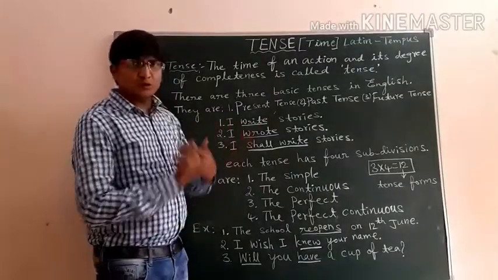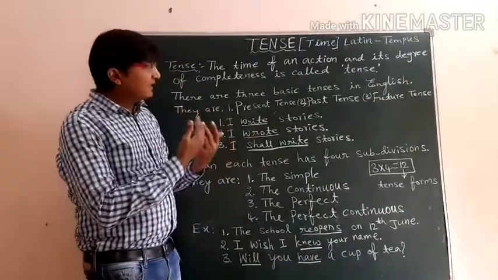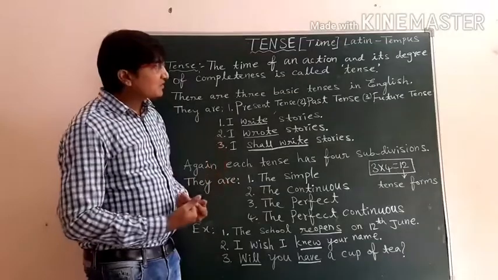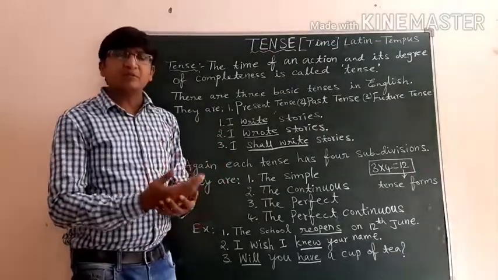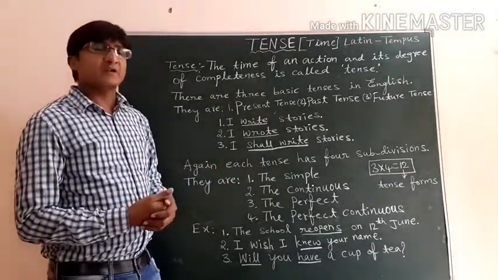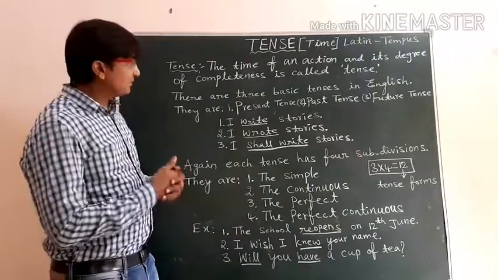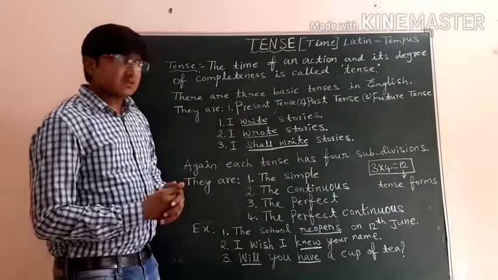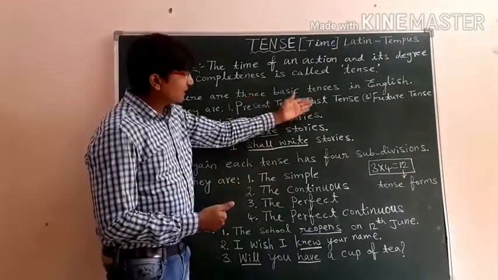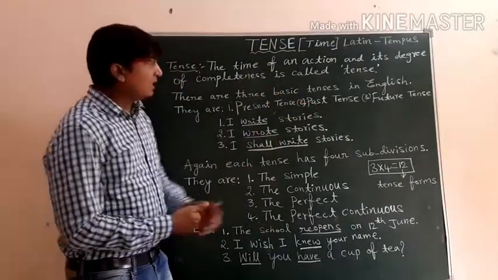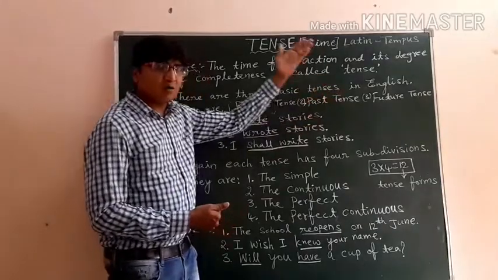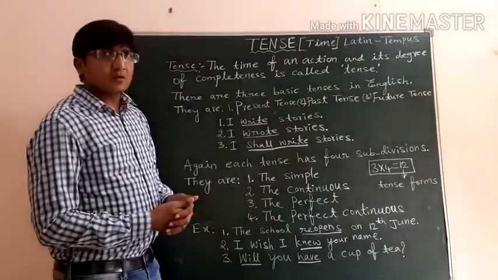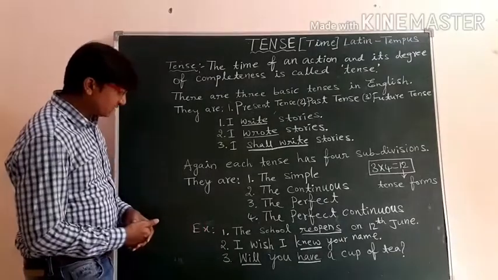Or if we take future tense, we think that it tells us only the actions that will happen in the future. But it's not like that. Sometimes present tense talks about future, past tense talks about present, and future tense talks about present. See here, I have given examples.